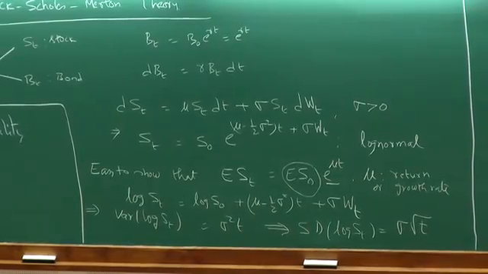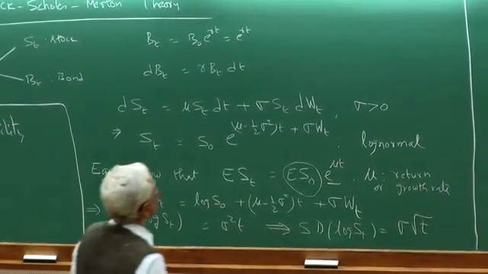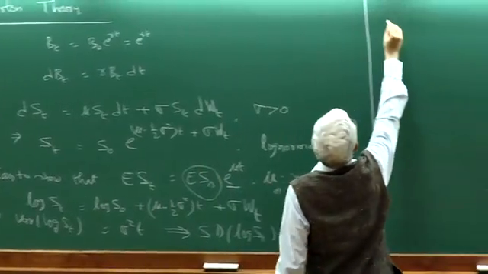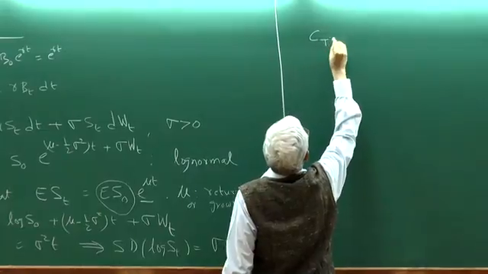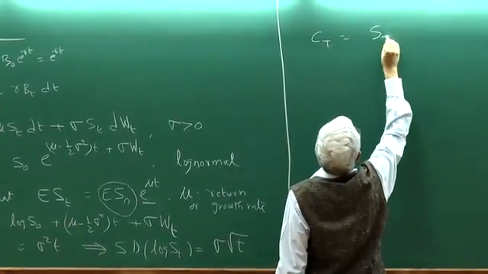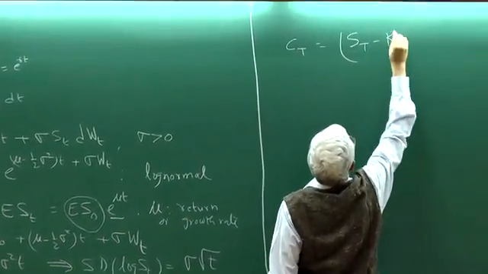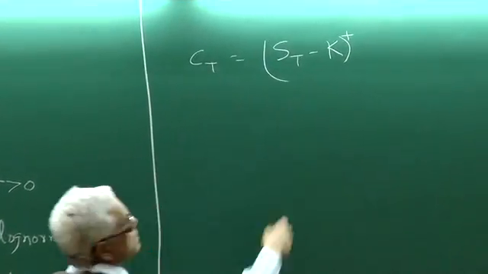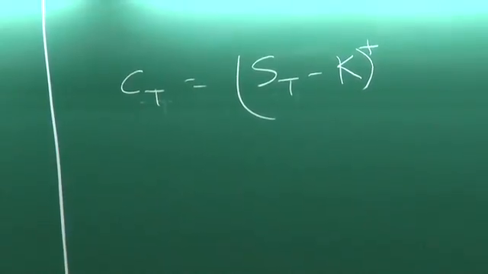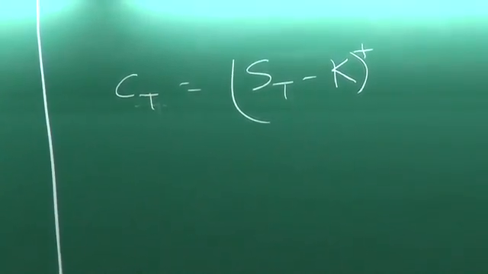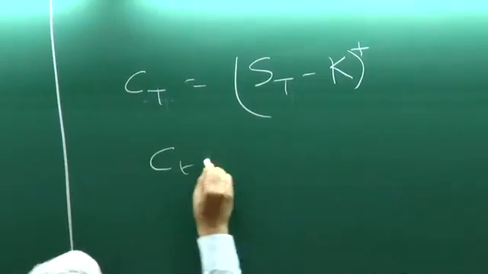Now let's move forward. What is the option? We are concentrating on the European call option. So C of capital T I know is St minus K plus. This is the value of the option at the end of the day, and I want to find Ct at an earlier time.